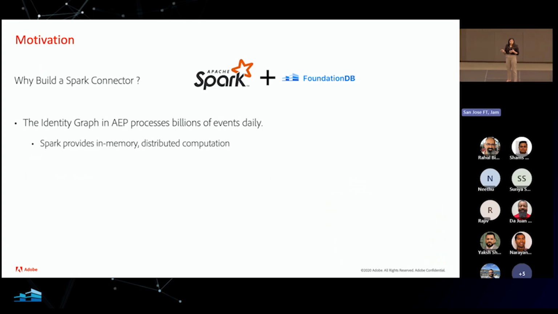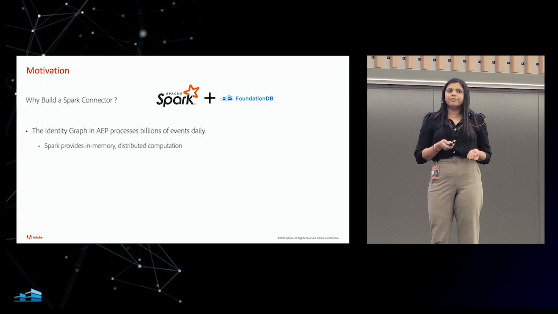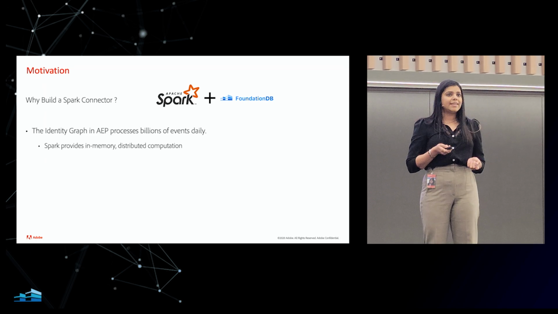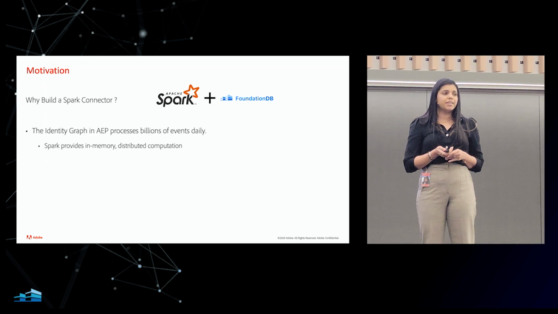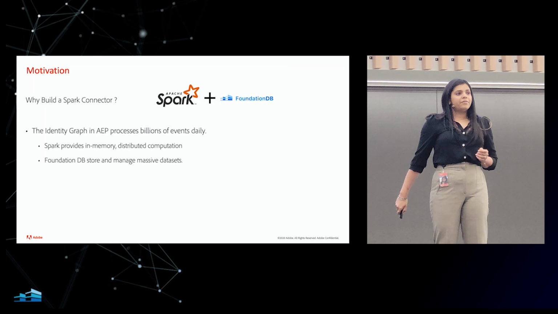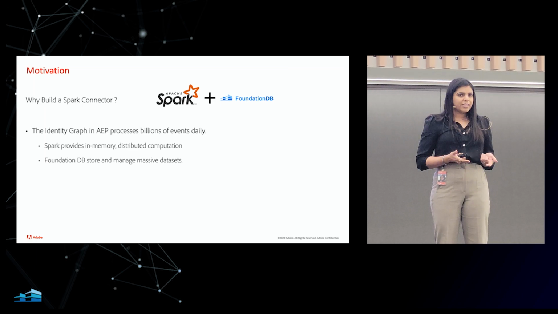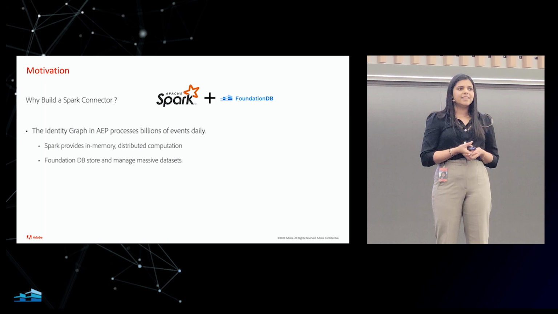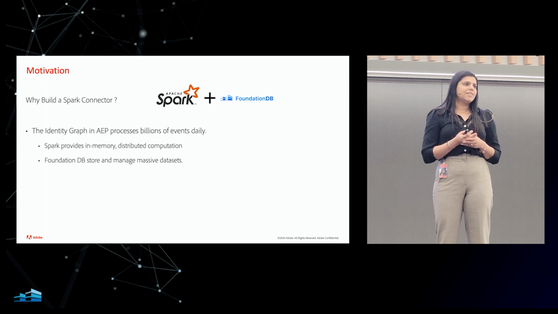To handle that big of a processing, we need a robust solution for both storage as well as computation. For computation, we leverage Apache Spark, which excels at handling large data sets and is also a powerful distributed processing engine. For storage, we rely on FoundationDB. It provides strong consistency, transaction guarantees, as well as scalability.